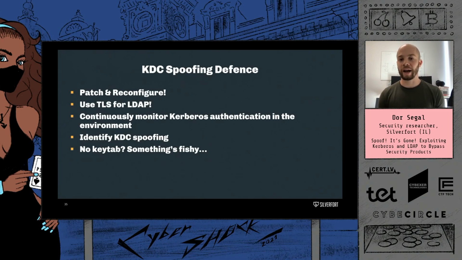Make sure you have applications to monitor Kerberos and defend yourself from Kerberos attacks. Identify KDC spoofing. If you don't have a key tab, that's very fishy. And every time you configure Kerberos, make sure a key tab is inserted.